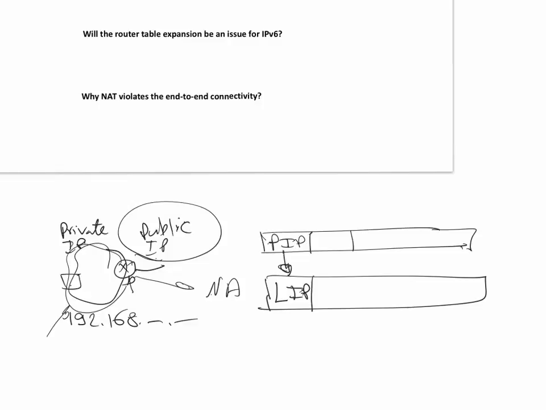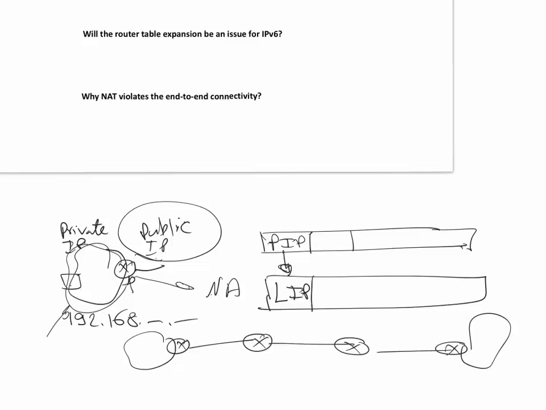Okay? The problem with that is that as we have explained before, if you have a network and you have a router here, and this router talks to many routers until you reach the final destination. The packet will have logical IP addresses and physical IP.